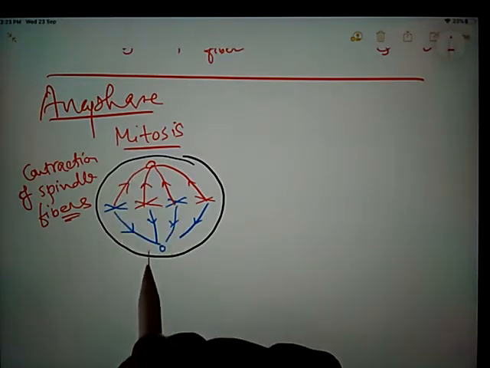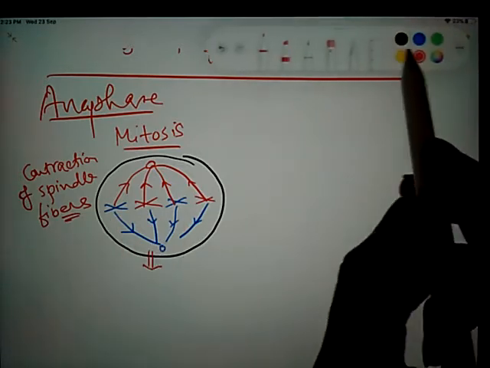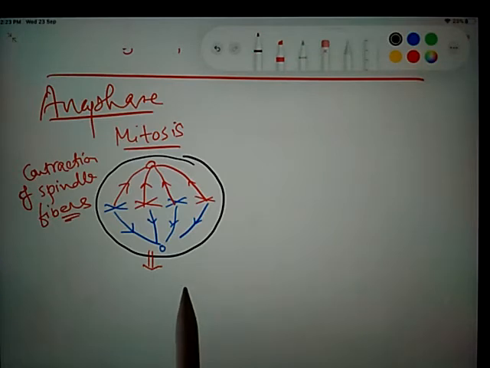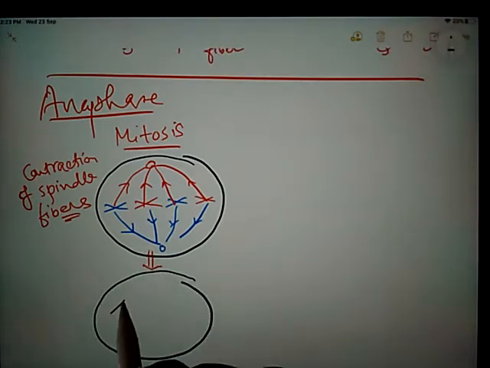During mitosis in anaphase, both the chromatids are separated and moved toward their respective polar regions.